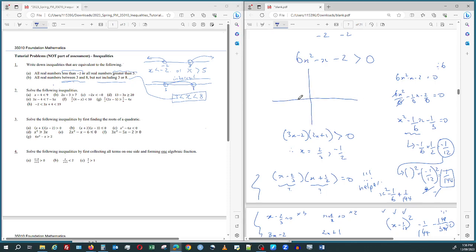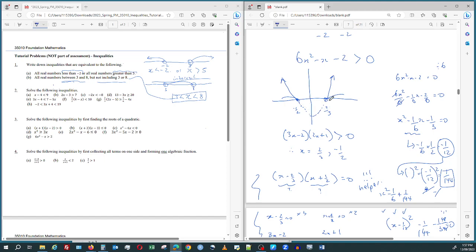Okay, so what we've got is if we come down here with our solution set, we've got negative a half and 2/3, so it's a little bit more. And what are we saying? It's greater than 0, so we only want the positives. Okay, we only want that one. So up we go, very steep. And they'll come down. This is a bit further away, so it's here somewhere. Not interested in the bottom, really. But it's there.